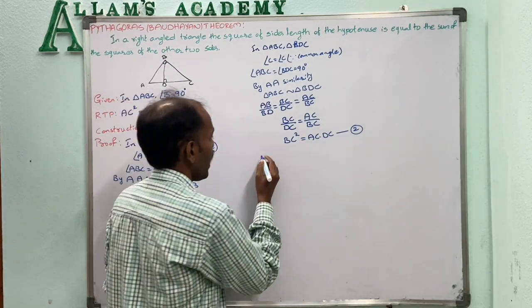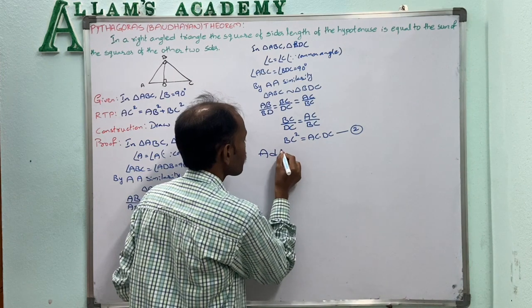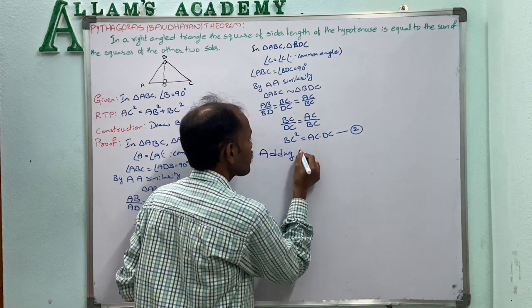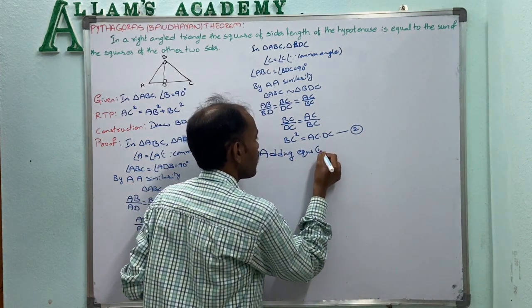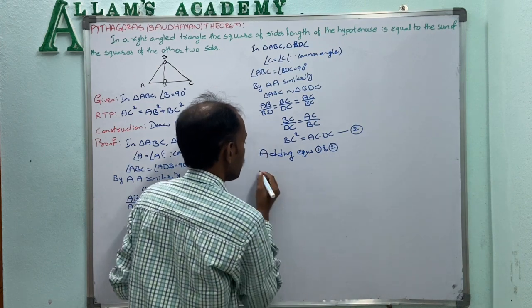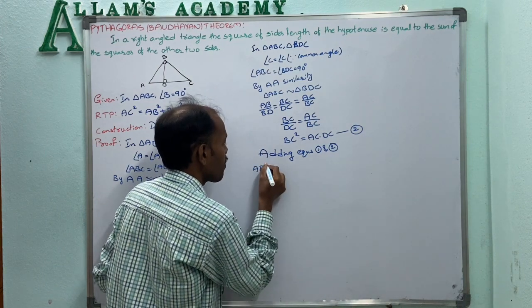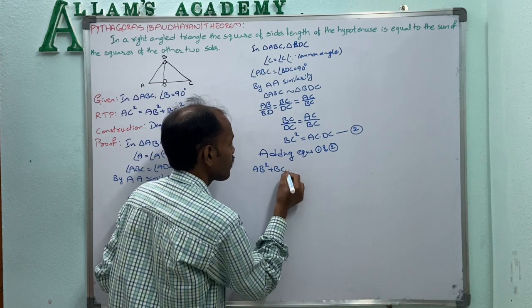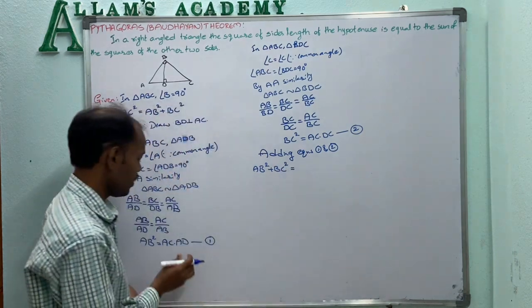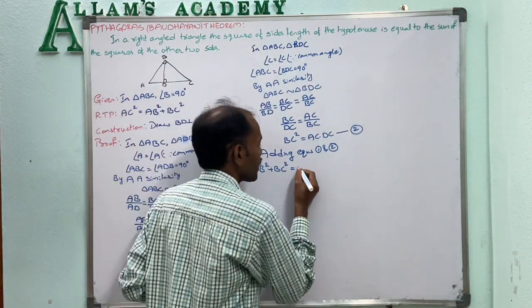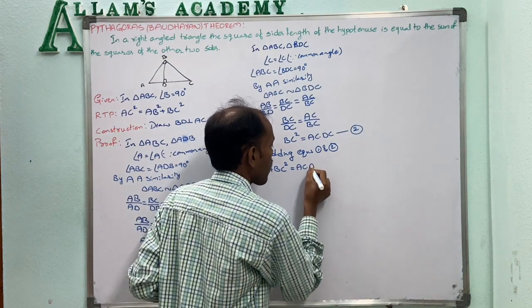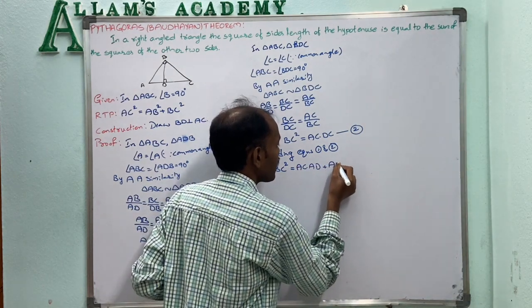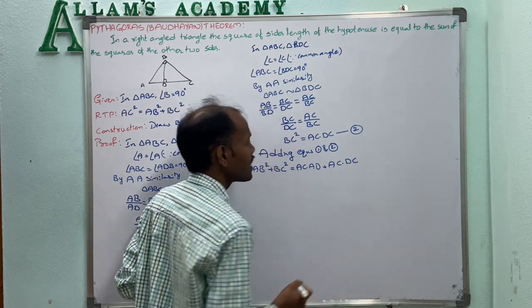Adding equations 1 and 2, AB square plus BC square equals AC into AD plus AC into DC.